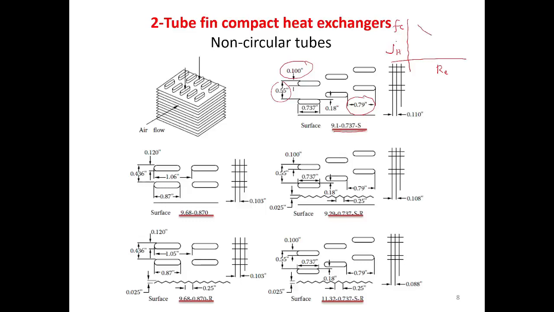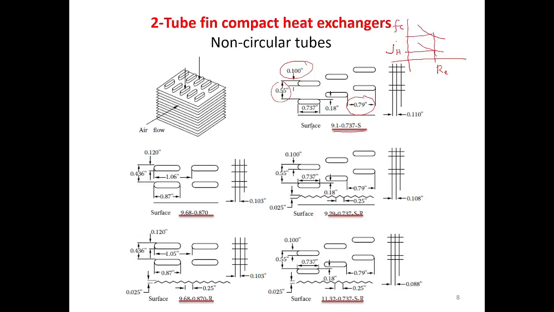So you have two curves. One of them gives you the f value, and the other gives you the Colburn modulus value. So whenever you have the Reynolds number calculated, you can get the j_H, and also you can get the friction coefficient for the calculation of the heat transfer and the pressure drop.